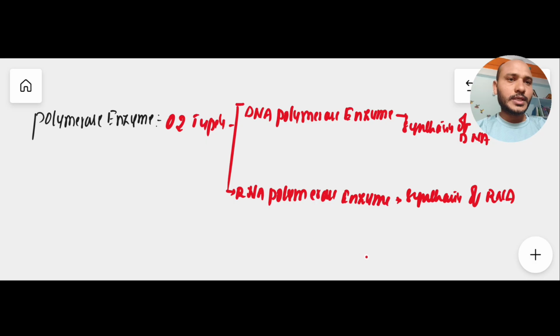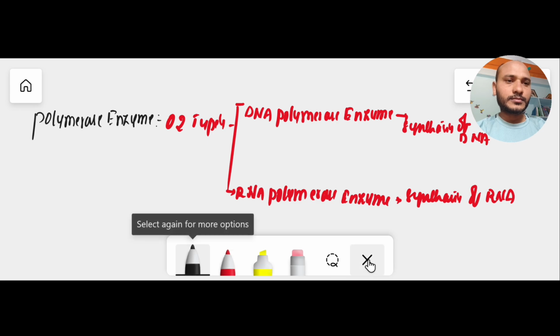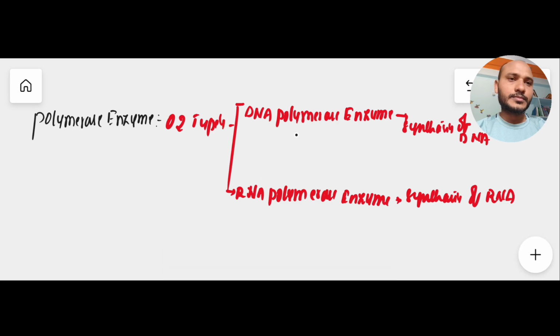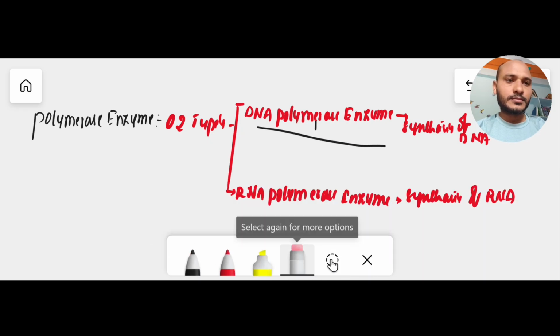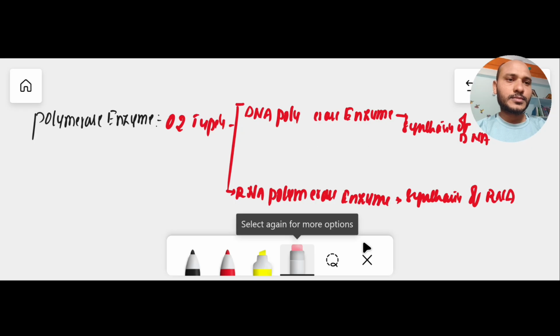So here we have DNA polymerase enzyme, again divided into two types.